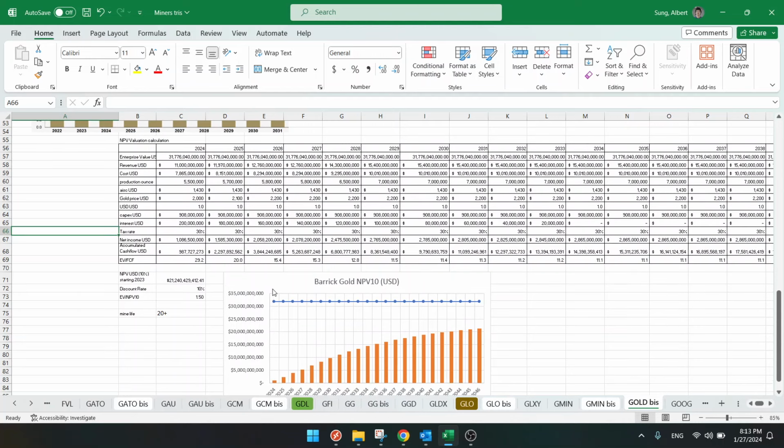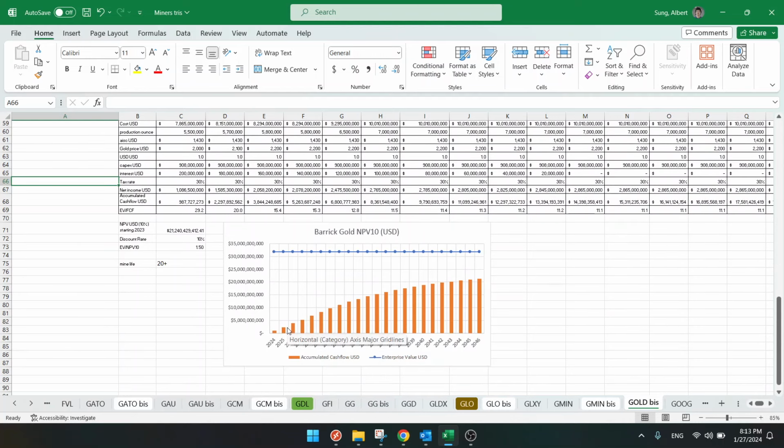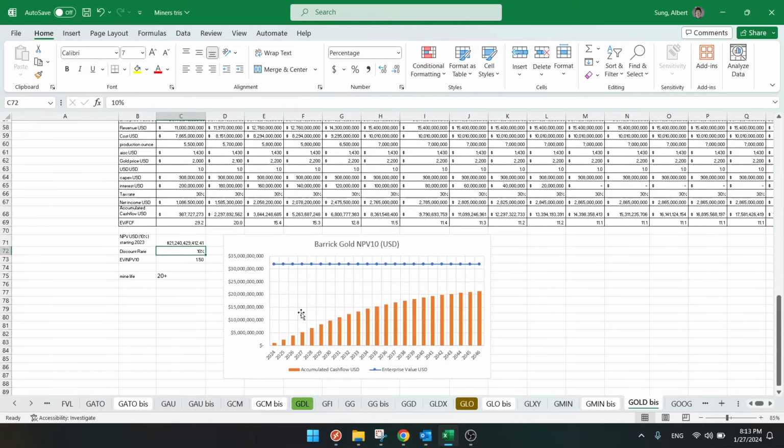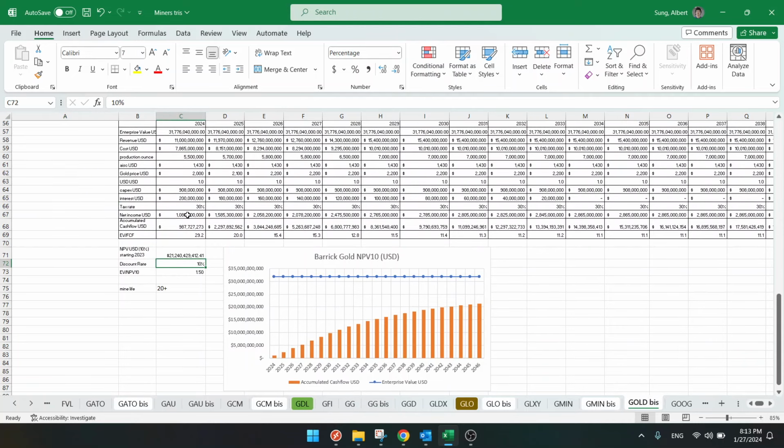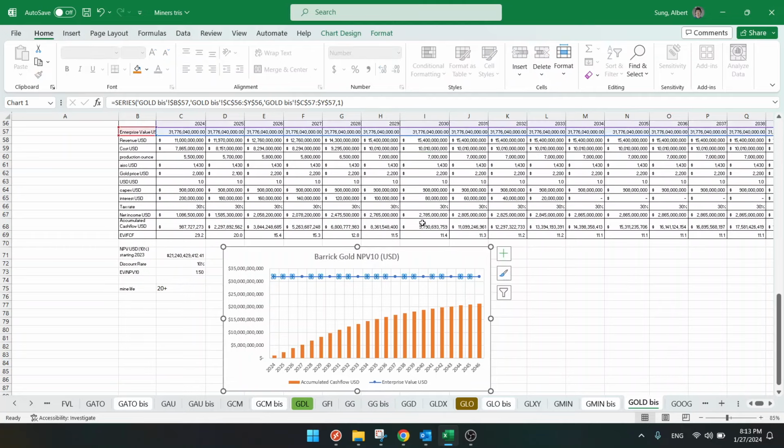But you can see already on this NPV chart with a 10% discount rate that 1 billion per year or 2 billion per year is not good enough for me. Maybe it can go to 3 billion when they increase the production, but it isn't going to reach the enterprise value on this chart.